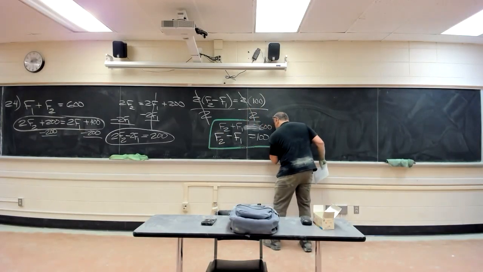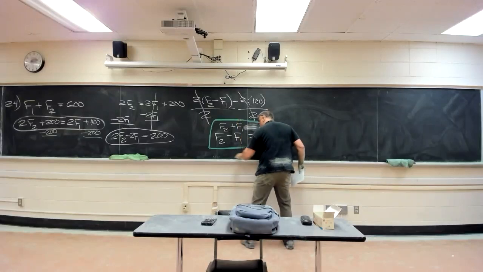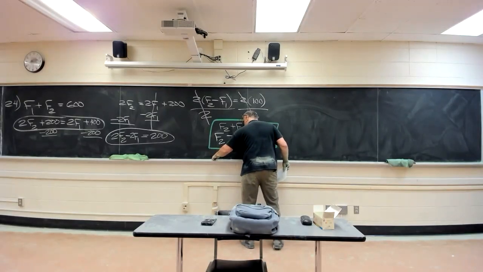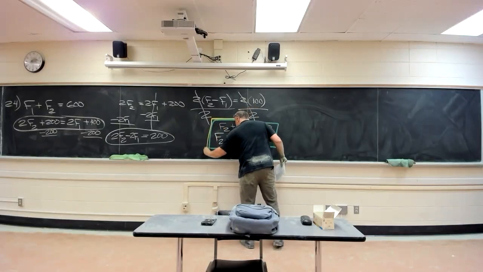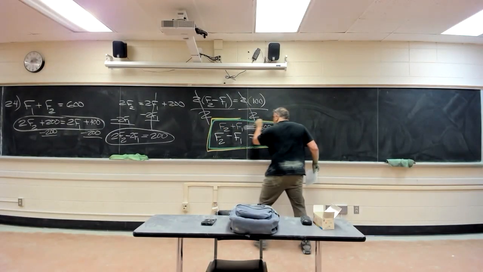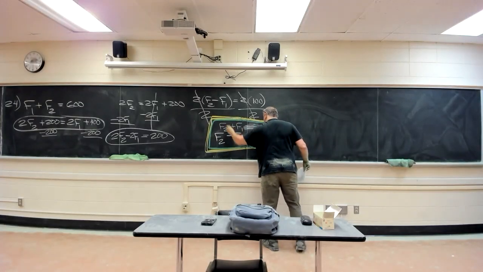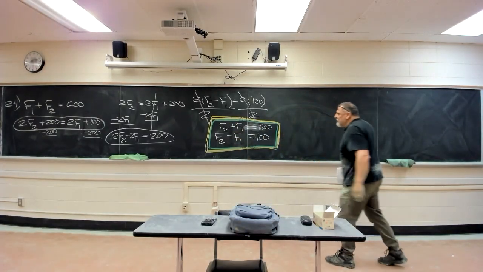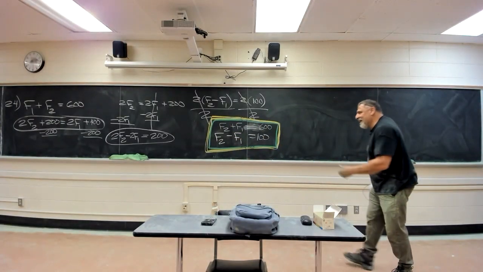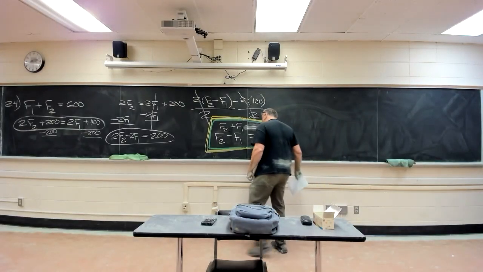Really, one of the more important moves you're going to make in this problem is right there. That's it. You solve that, you're pretty much there, and it's not a hard one to solve at that point if you can get to there.